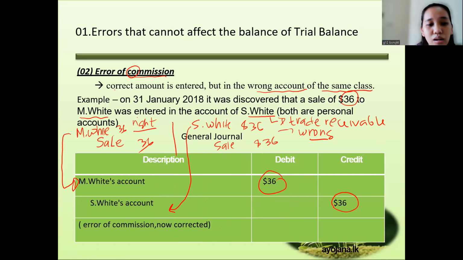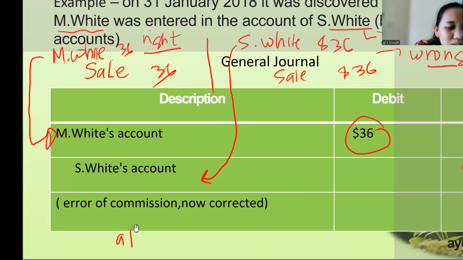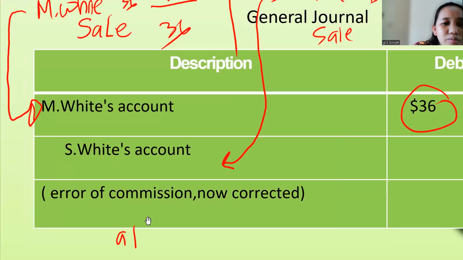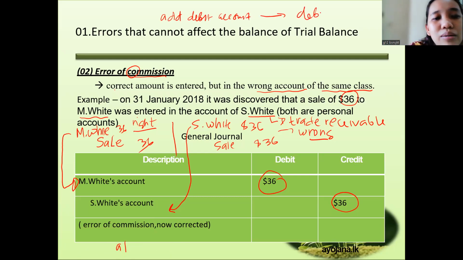So very simple. Whenever you want to add a debit account, just put it on the debit side.